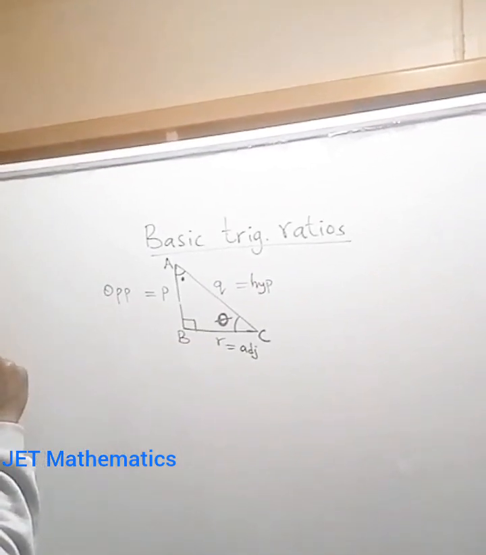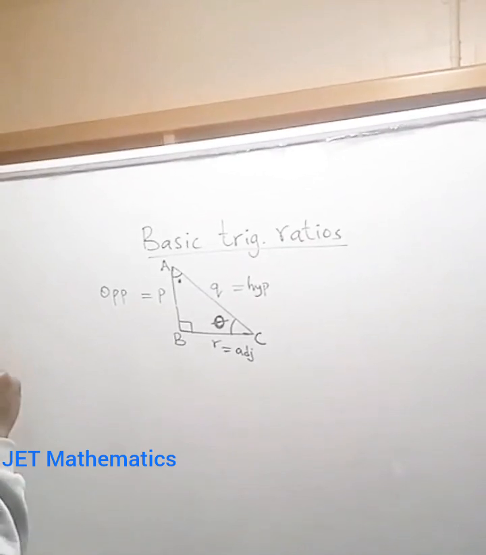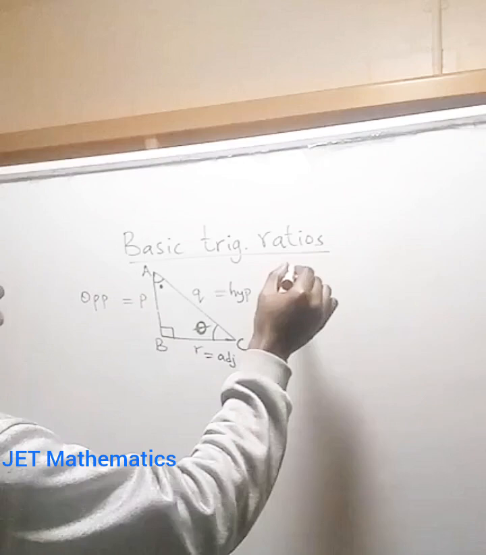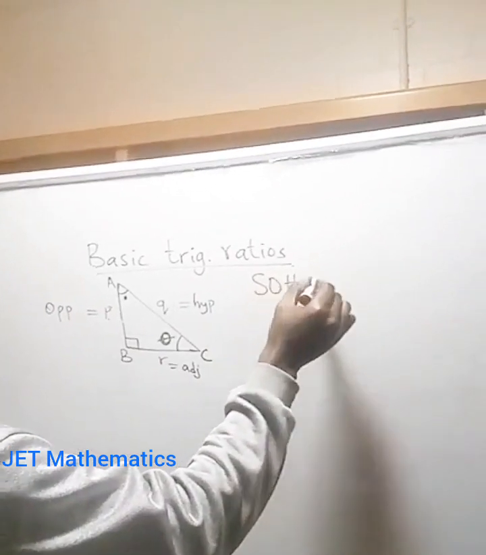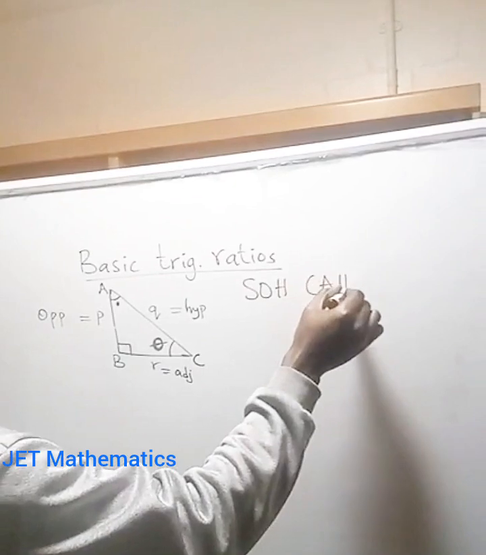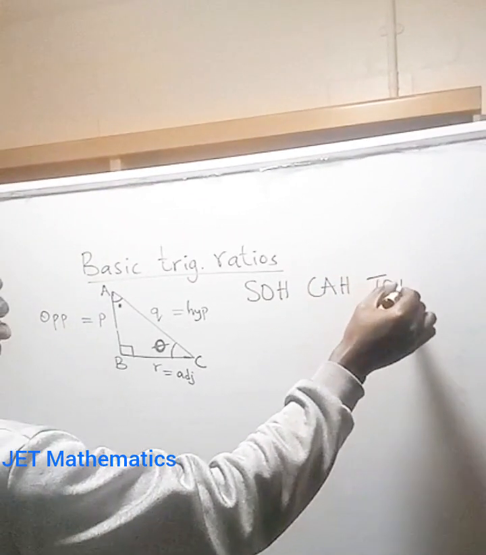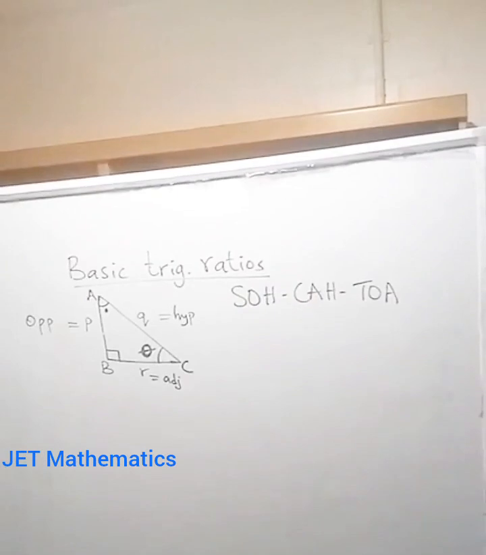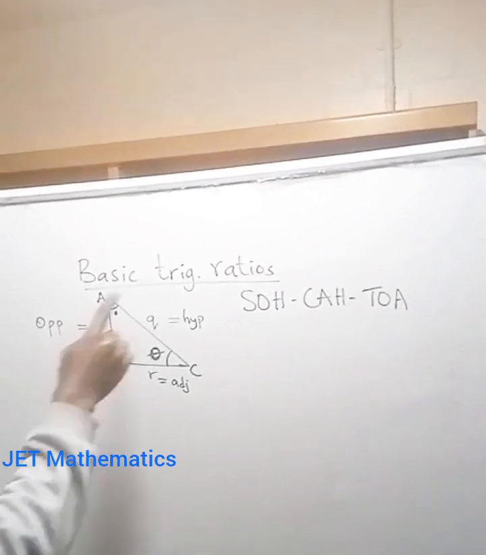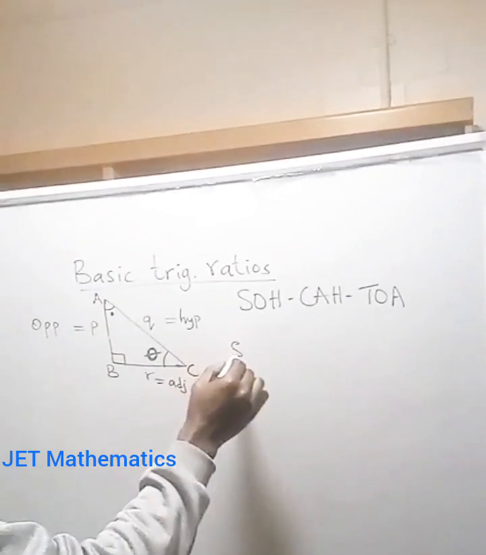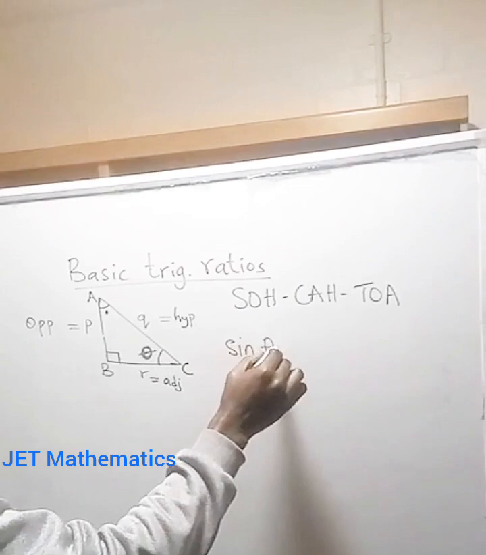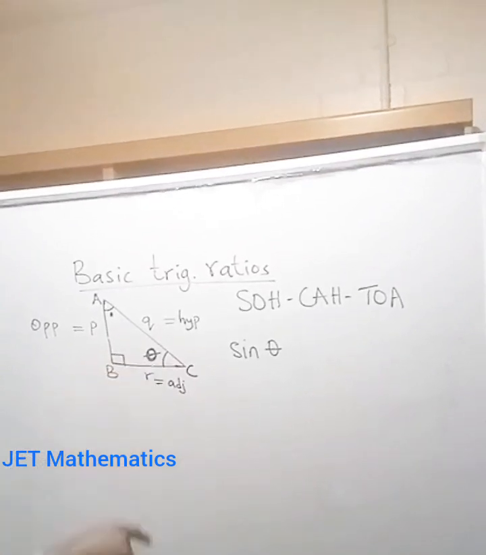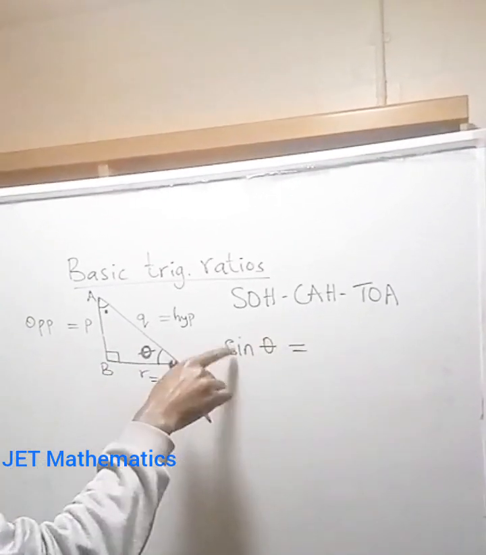Then, what we need to do next is to establish our trig ratio. We have a short form for remembering them. It's called SOHCAHTOA. I believe some of you must have heard of this word before. SOHCAHTOA. So the first basic trig ratio we'll look at is sine theta. So sine theta, we are considering this theta here, okay, is equal to, this S is for sine.